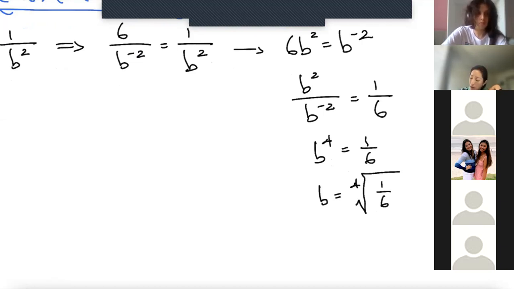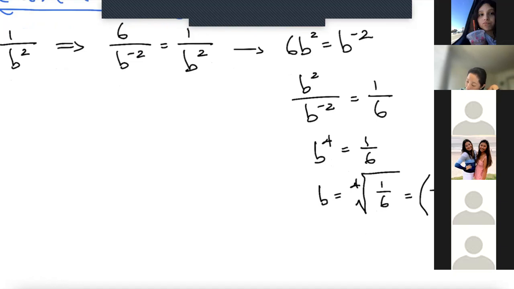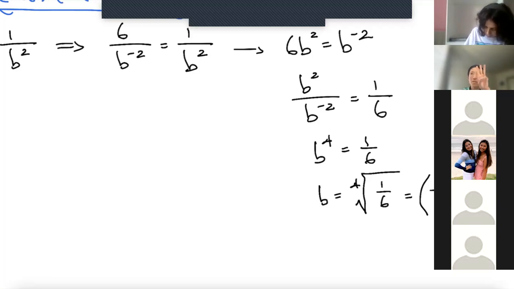So another way that we could write this is 1/6 to the power of 1/4. That I bet you can find on Desmos. I'll give you a moment to type that into Desmos and see what you get. Let's go to 3 decimal places.